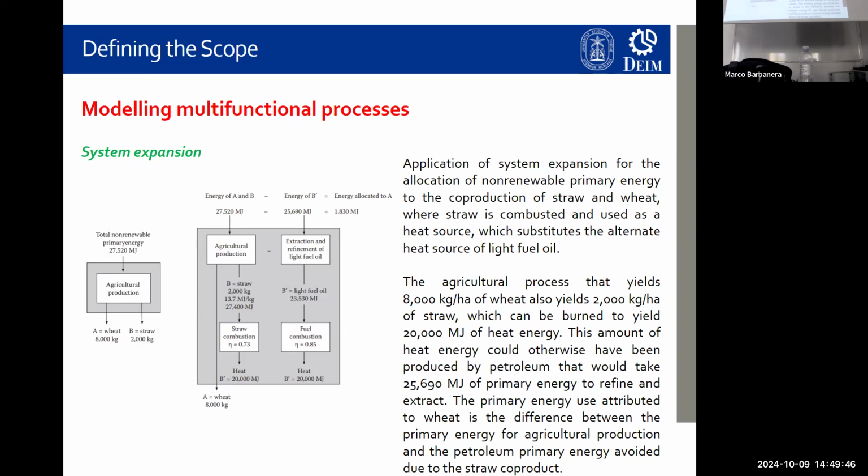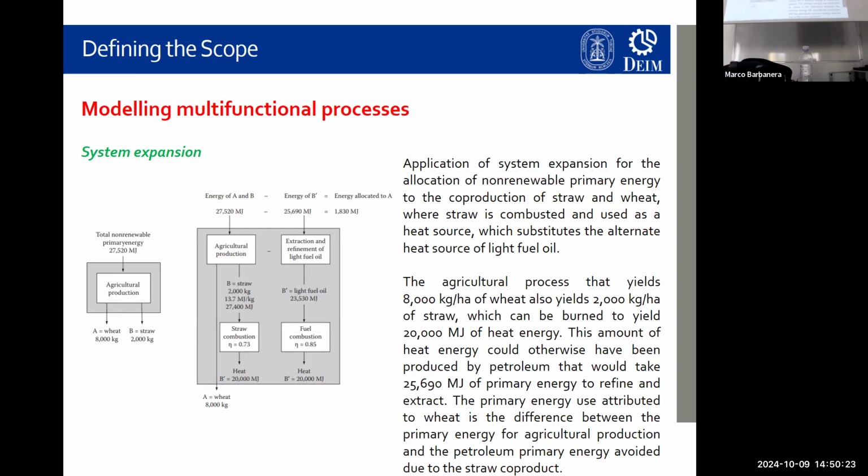Probably we could have different agricultural operations for the cultivation of wheat and the production of wheat and straw. So, for example, we have calculated that from our process we obtained 8,000 kilograms of wheat and 2,000 kilograms of straw, so 8 tons and 2 tons of wheat and straw respectively.